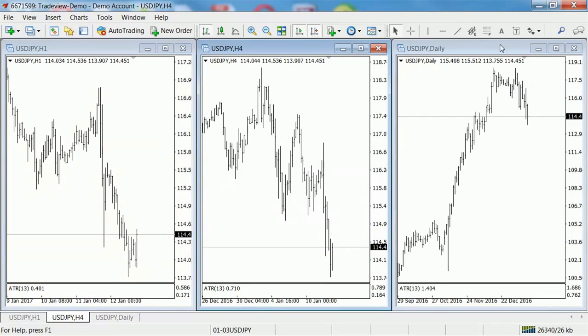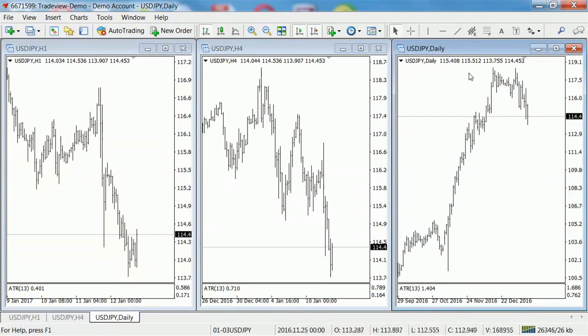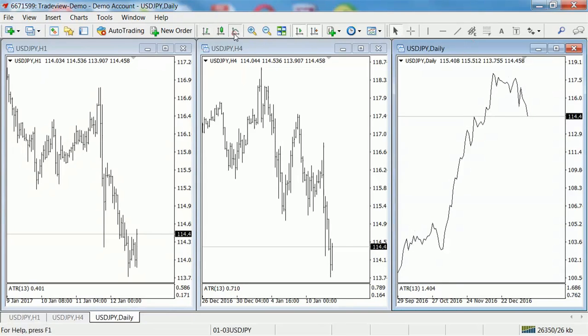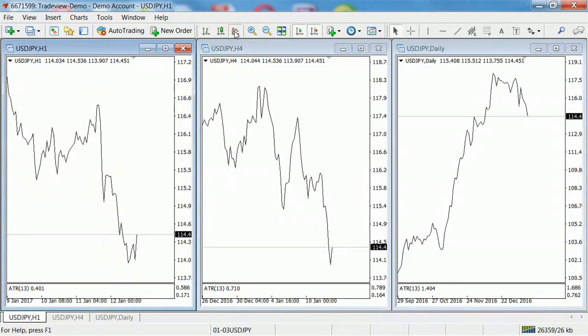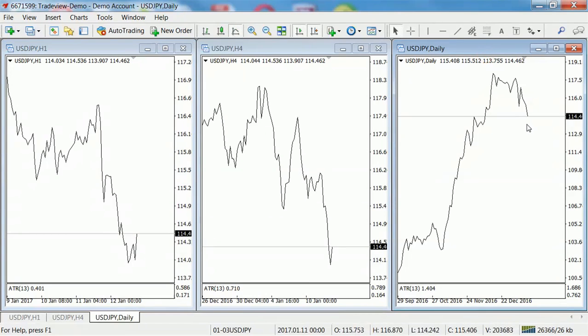Alright, so very simple. Once you have a clean chart, turn it into a line chart, right? So you can see the swing points, the high and the low. In this daily chart, you just see there's a swing low, there's a swing high, swing low, swing high. Of course, you can use an indicator like zigzag to help you point out the swing highs and lows.